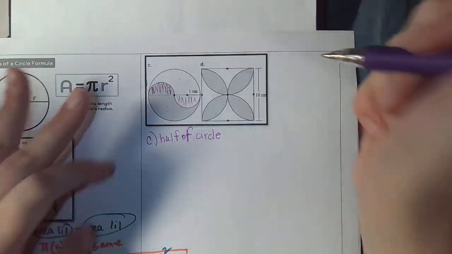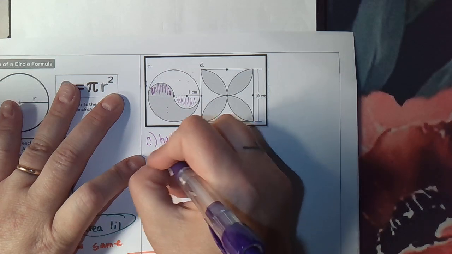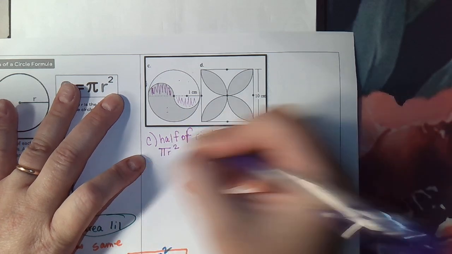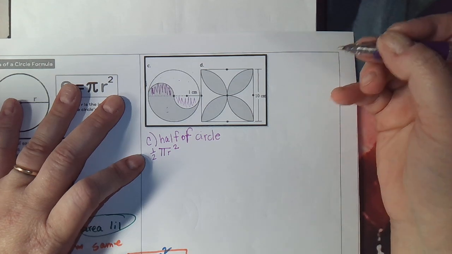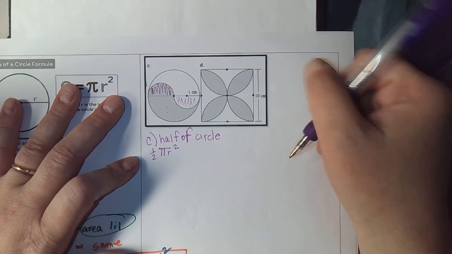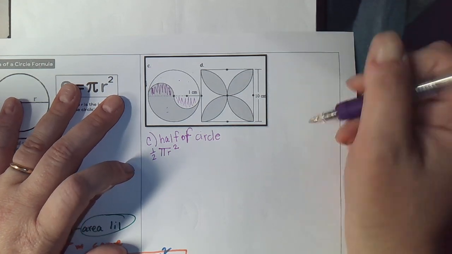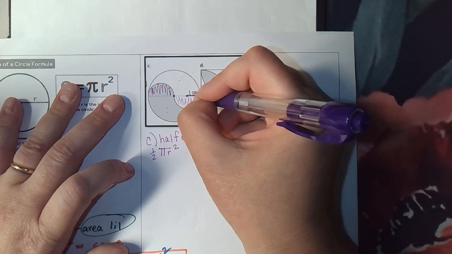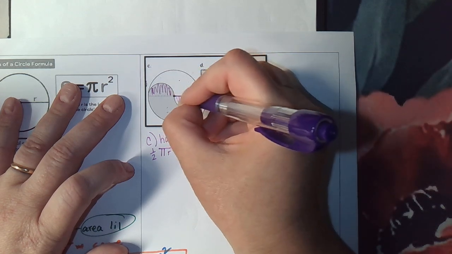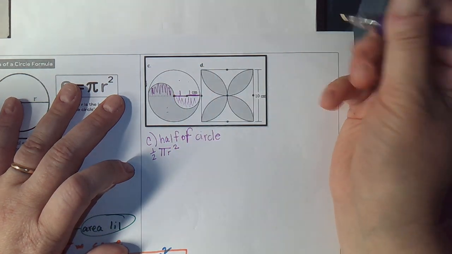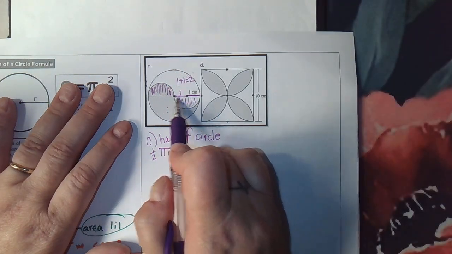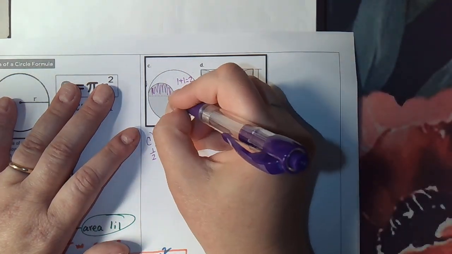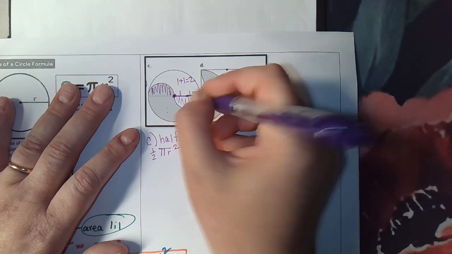Okay, either way, half of a circle means area of a circle is pi r squared, but we want half of it. Now let's figure out the radius of this circle. Well, if this little line segment is 1, another segment is another 1. Add those up, and that's your radius of 2.